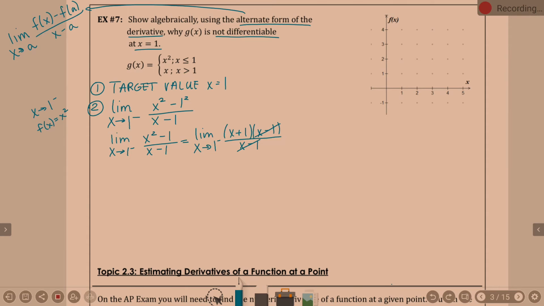Okay. So, what just happened here without me? The limit as x approaches 1 from the left of x plus 1 is going to be what? 2. Yes? Okay. Now, the other part we need to do, the limit as x approaches 1 from the right. Now, as x approaches 1 from the right, what do we have to remember? F of x is x this time, right?